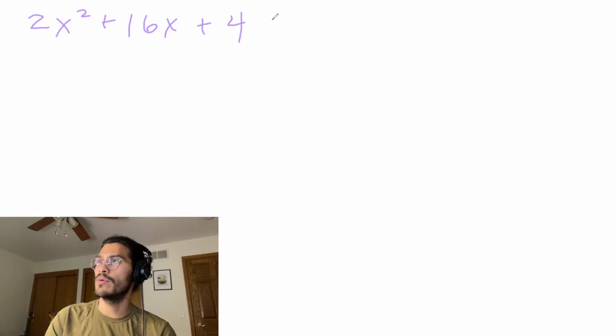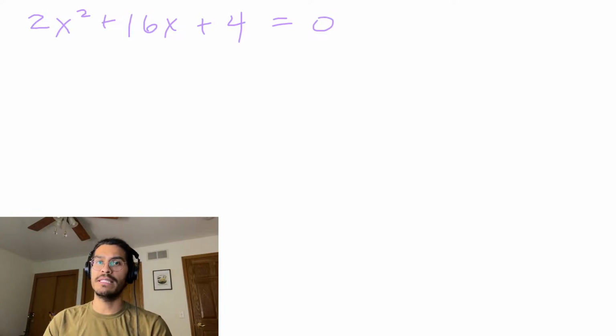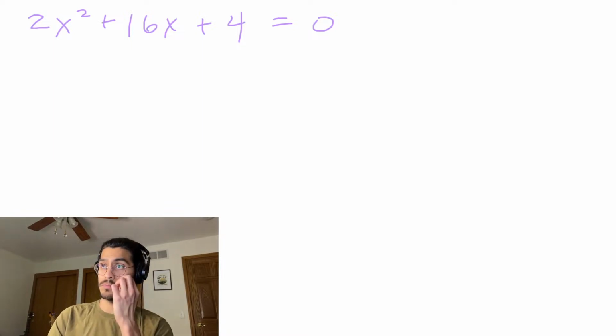Okay, what if we have something like this? 2x squared plus 16x plus 4 equals 0.